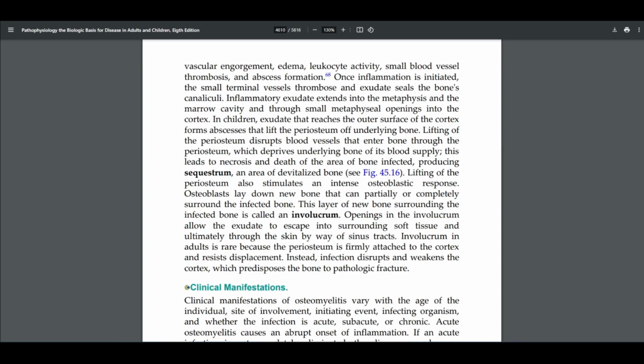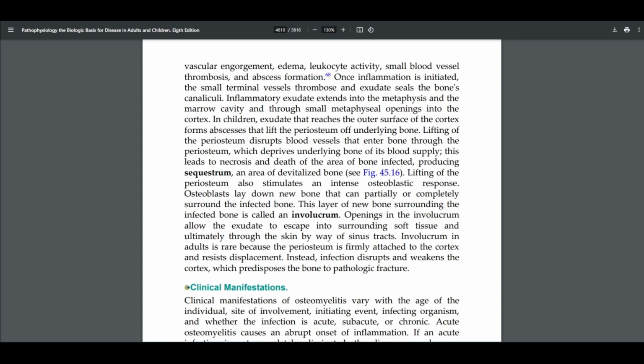This leads to necrosis and death of the area of bone infected, producing sequestrum, an area of devitalized bone. Lifting of the periosteum also stimulates an intense osteoblastic response. Osteoblasts lay down new bone that can partially or completely surround the infected bone. This layer of new bone surrounding the infected bone is called an involucrum.